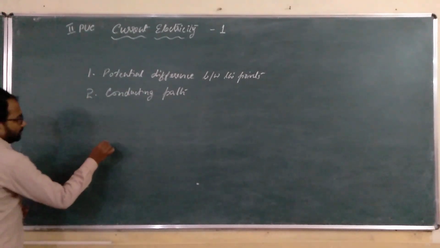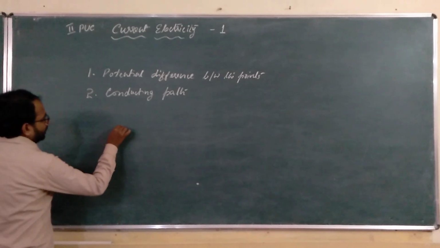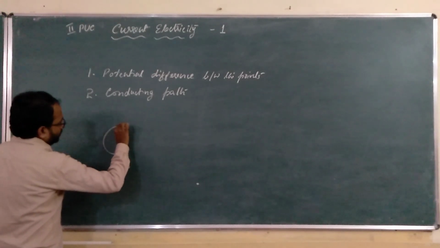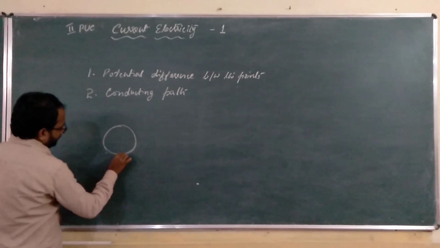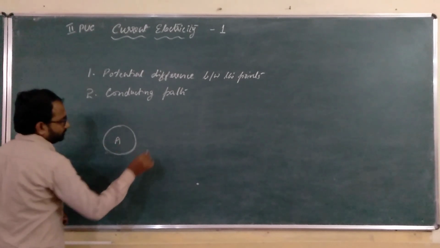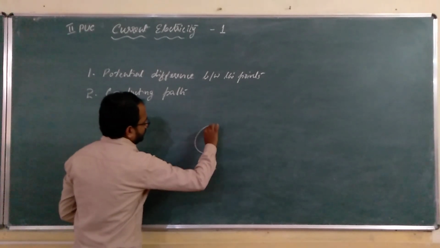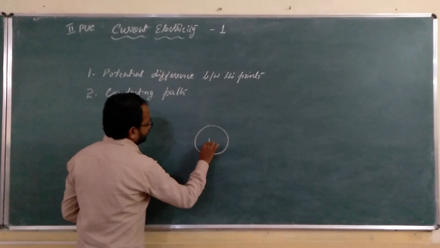Consider an example. We have two bodies, A and B, both positively charged. Body A has a potential of plus 5 volt, and body B has a potential of plus 3 volt.